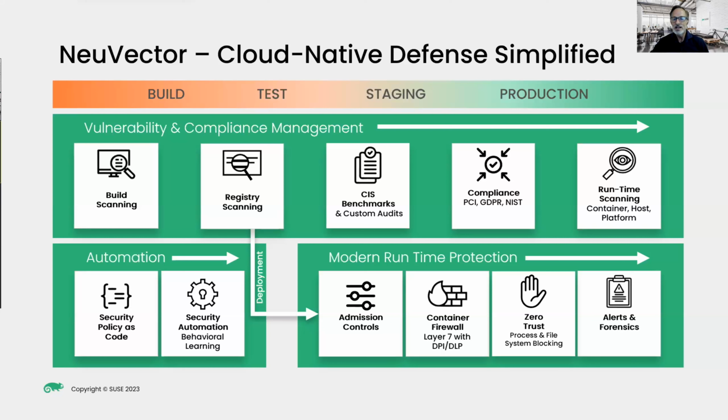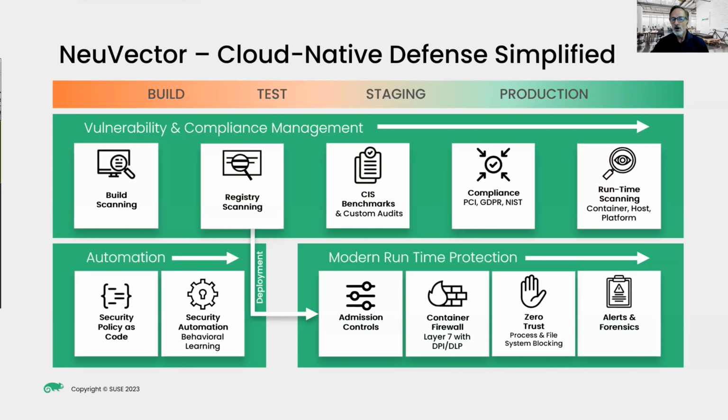Once it's in the registry, whether it's internally built or if you got it from an external supplier or from an open source project, we continually scan the registry looking for newly discovered vulnerabilities. And we update our databases on a daily basis from multiple sources, trying to make sure that we've got the most up-to-date compliance information and CVE information that we can possibly get.